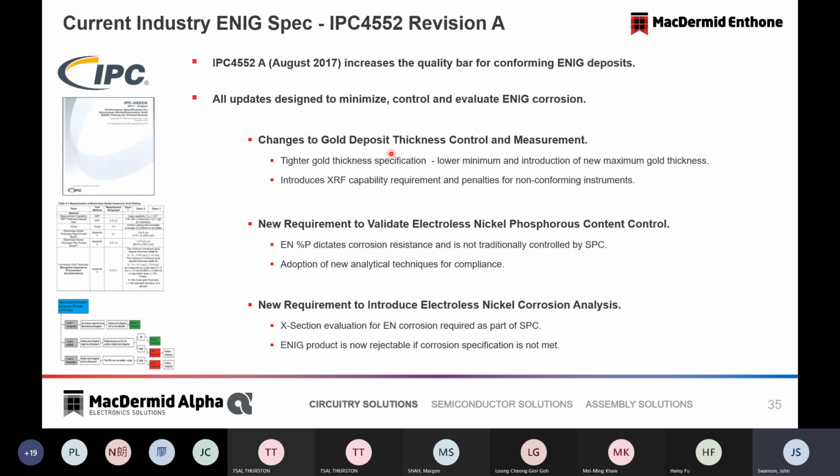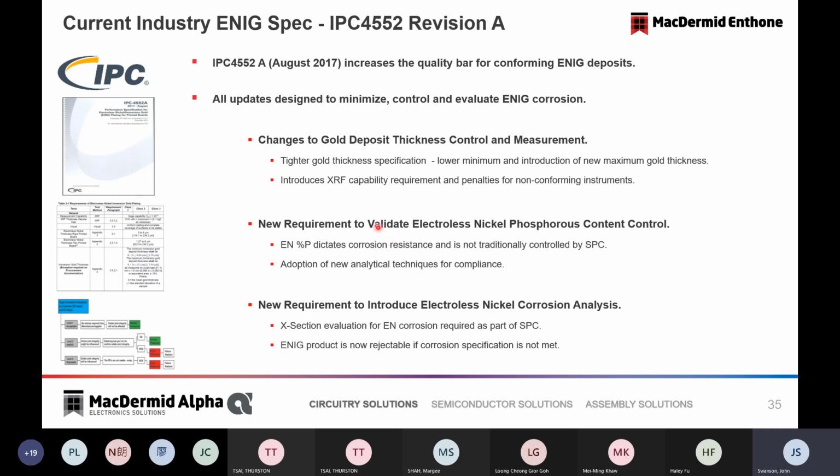Basically, they're attending to matters related to gold thickness and the mechanism of corrosion. They're studying the underlying electroless nickel because the electroless nickel and the phosphorus content have a relationship to corrosion. The higher the phosphorus content, generally the more resistant to corrosion.